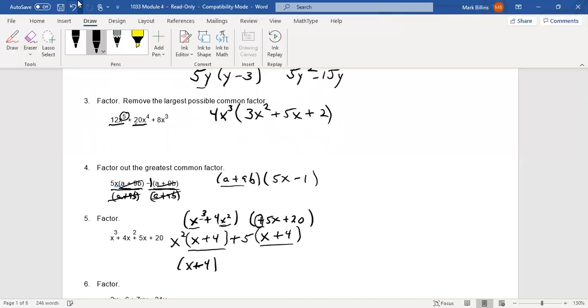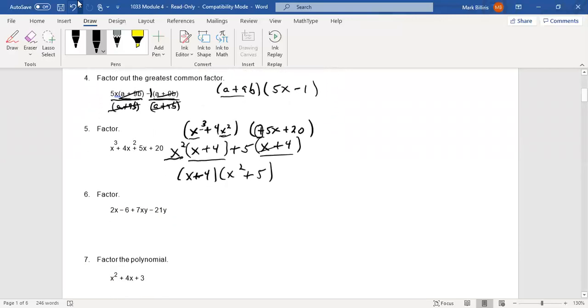When we factor it out of the first term, it's going to leave us an x squared. And when we factor it out of the second term, it's going to leave us a positive 5. So our final answer would be x plus 4 times x squared plus 5.